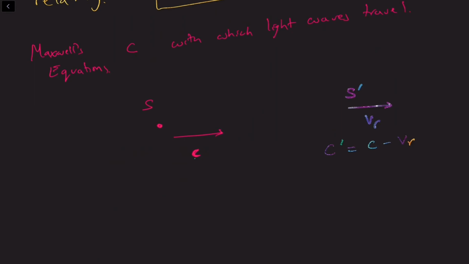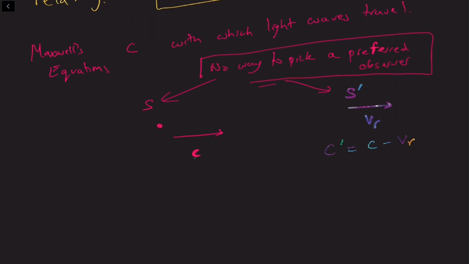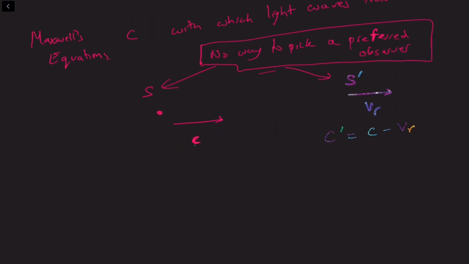Now, in Galilean relativity, we have no way to pick a preferred observer. At least Newton's laws don't allow us to pick a preferred observer. Okay, so the question is, Maxwell's equations tell us that there is a speed c.